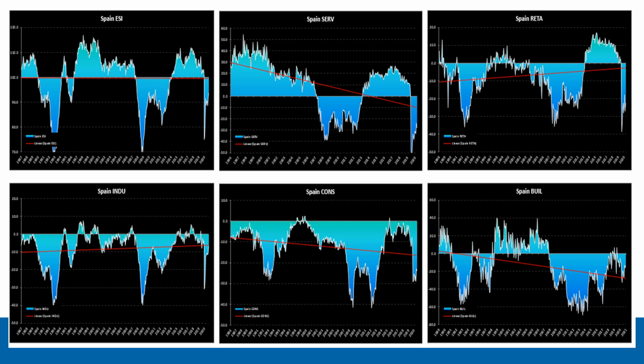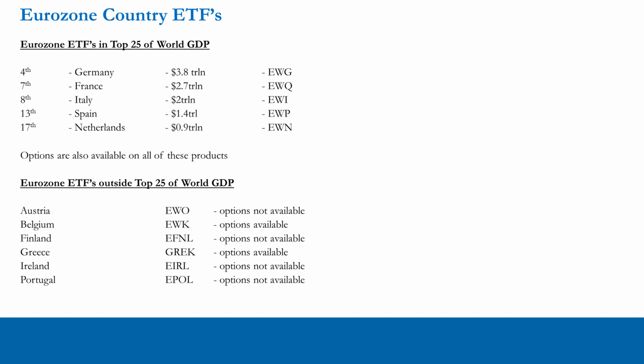So the downloadable spreadsheet, guys, always updated every month. Understand the global macro picture. Always important to obviously not only understand US GDP and try to forecast its direction and growth, but also to have an appreciation and understanding of what's happening in the Eurozone as well.